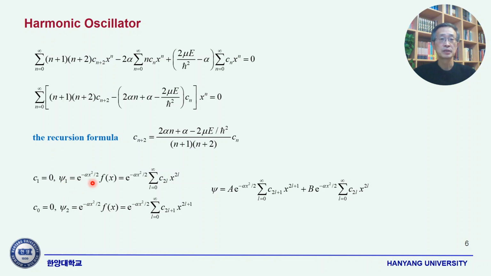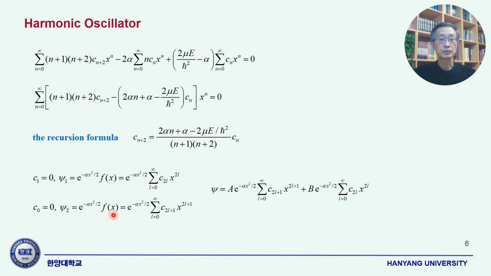So psi_1 is e to the minus alpha x squared over 2, which was the exponential factor in front of f(x), and f(x) is a series solution. In this case, you have only even ordered terms, so e to the minus alpha x squared over 2 times the sum from l equals 0 to infinity of c_2l x to the 2l power. Now if you put c_0 equals 0, then you will have only odd powered terms. This was the even powered term.